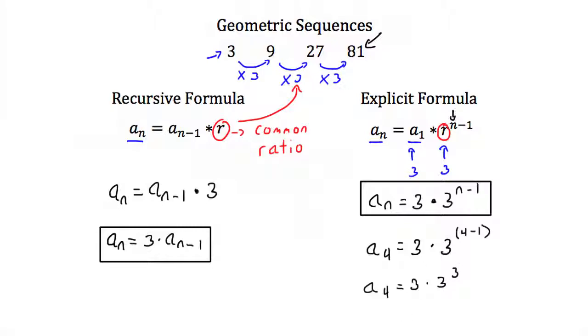Now 3 cubed is 27, and 27 times 3 is indeed 81. So our fourth term would be 81, which we know it is. So that's how you can write recursive or explicit formulas for a given geometric sequence.